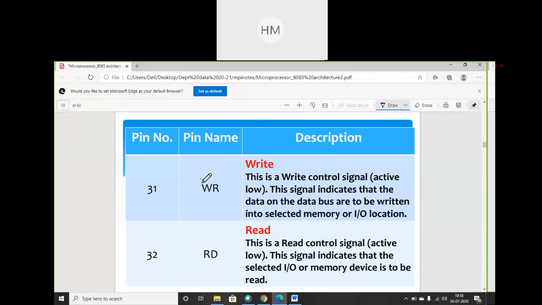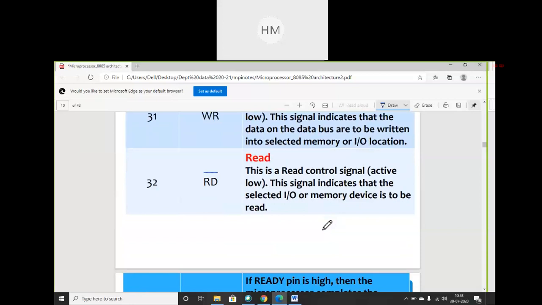Here we are not writing because we are just mentioning it. So WR bar, RD bar. This is a write control signal, active low. This signal indicates that data on the data bus are to be written into the selected memory or input output location. Here, read, again an active low signal. This signal indicates that the selected IO or memory device is to be read.